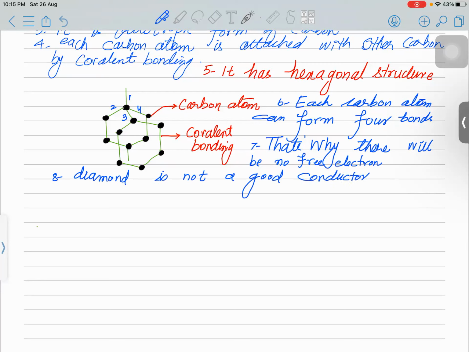In diamond, each carbon atom uses all of its valence electrons to form covalent bonds. It forms 4 bonds. That's why there will be no free electrons. Number 8, diamond is not a good conductor.